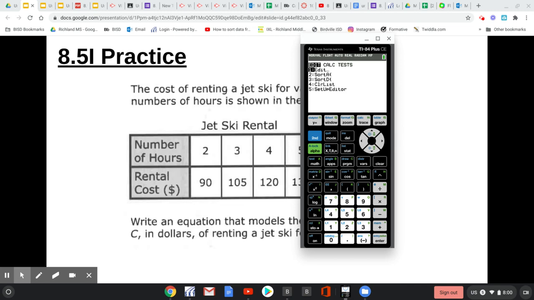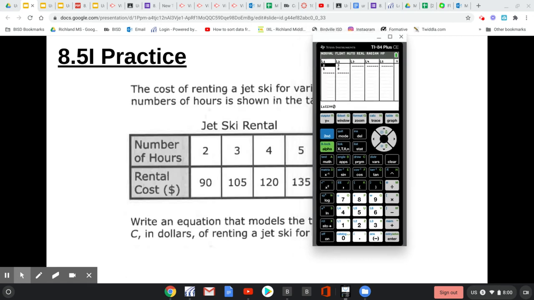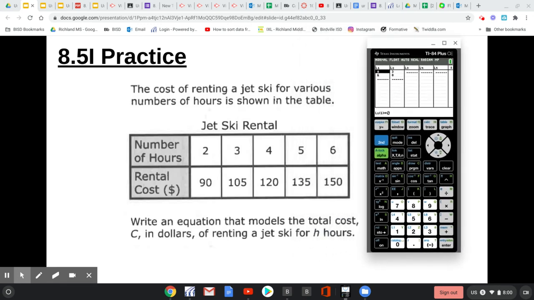Stat, enter. And we're going to go over here and we're going to put in 2, 3, 4, 5, and 6. We're going to tab over. We're going to go up. We're going to hit 90, enter, 105, enter, 120, enter, 135, and 150.